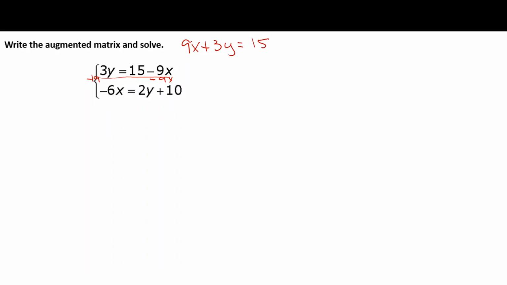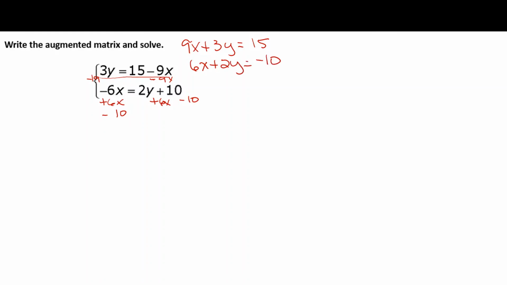And over here, let's go ahead, and I like to keep my x's and y's as positive as possible. So I'm going to add a 6x to both sides, and I'm going to subtract 10 from both sides. So I end up with 6x plus 2y equals negative 10.